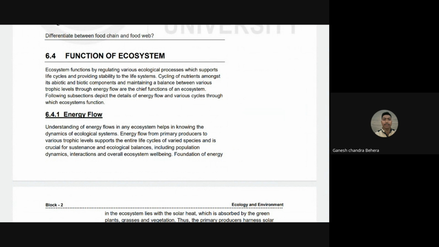The primary producers are then eaten by the primary consumers, and when the primary consumers eat the plant products, they take some energy from that plant product. Within that, a lot of energy is lost to the atmosphere, or let's say to space, in the form of heat.